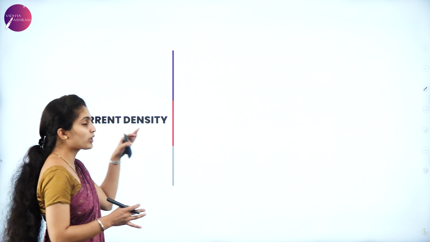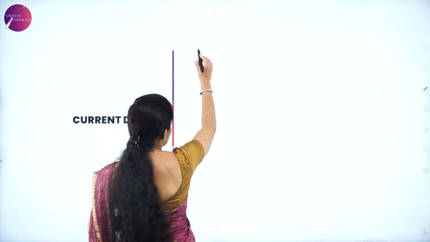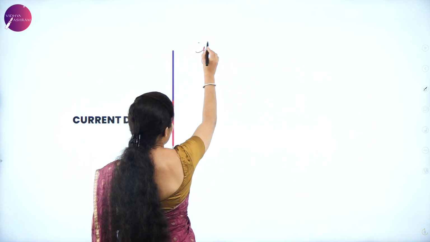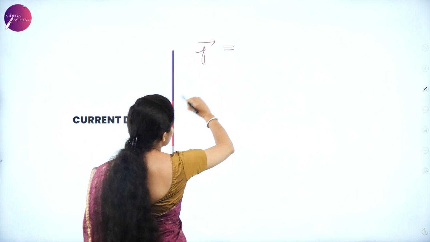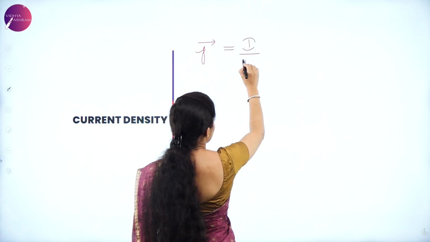And next, coming to current density. What is current density? Current density is given by J in vector form, and it is defined as electric current per unit area.